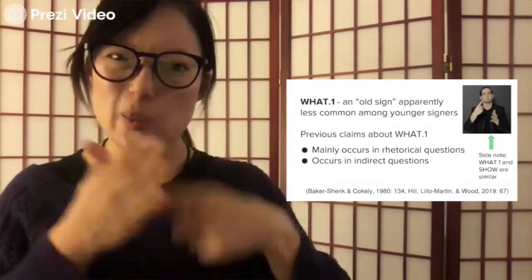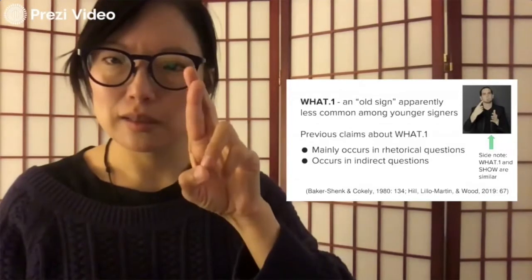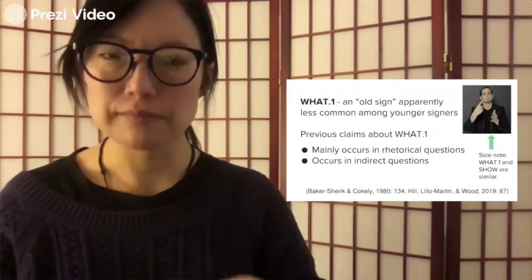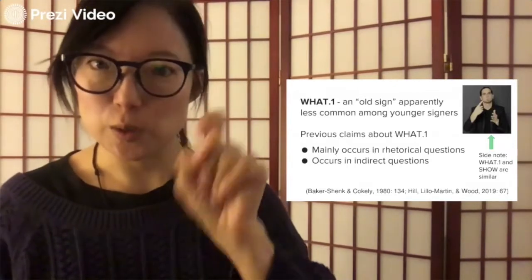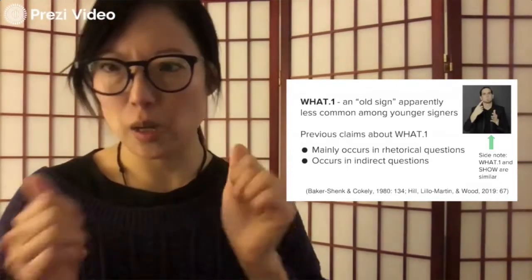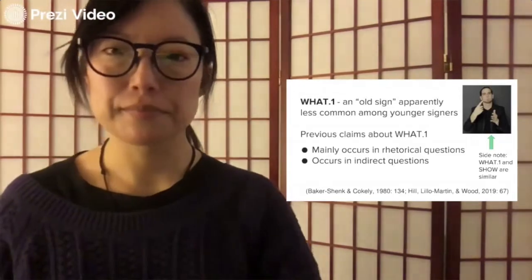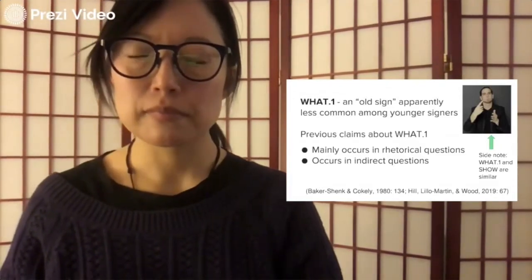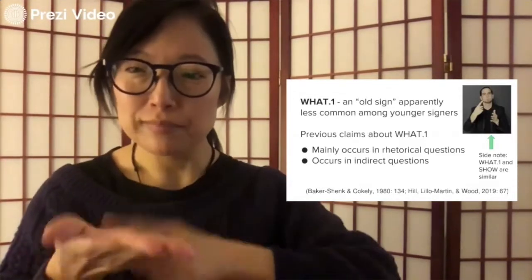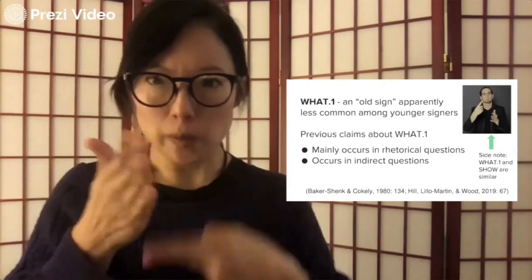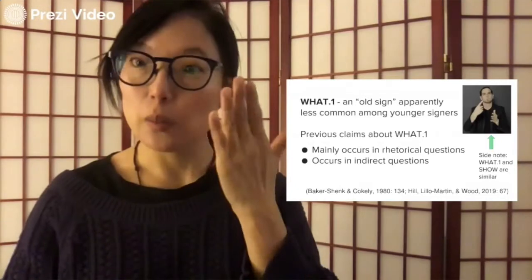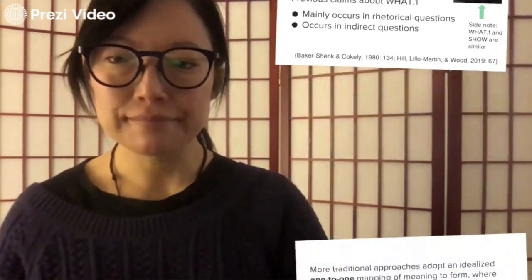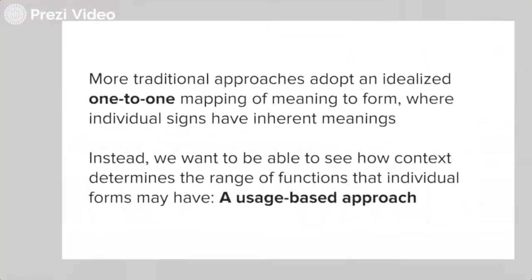Most of the time, it tends to occur in rhetorical questions. It also occurs in indirect questions, but not as much as in rhetorical questions. So those are the claims. But they don't really inform us about the functions of what do and what one. Why is that?